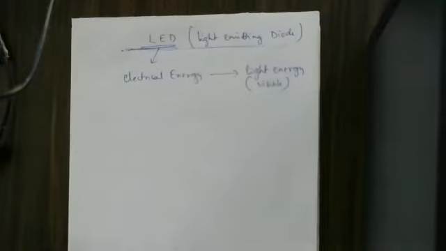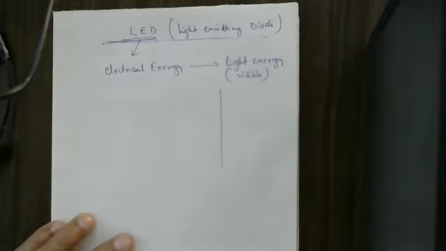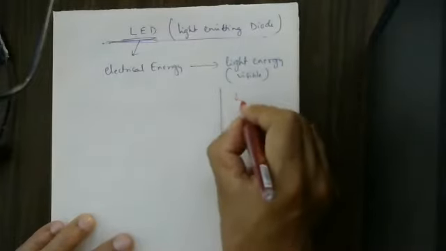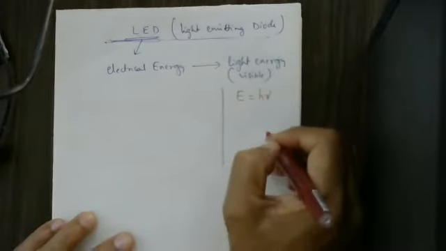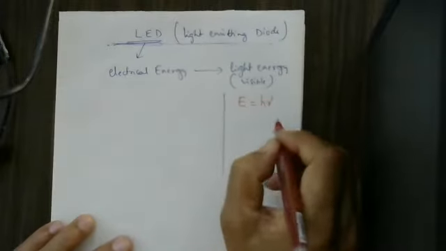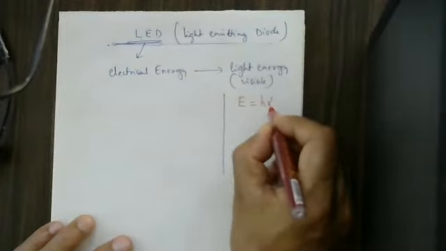What is happening here? Already you know the concept of energy. E is equal to h nu, the energy of a photon, is Planck's constant into frequency.